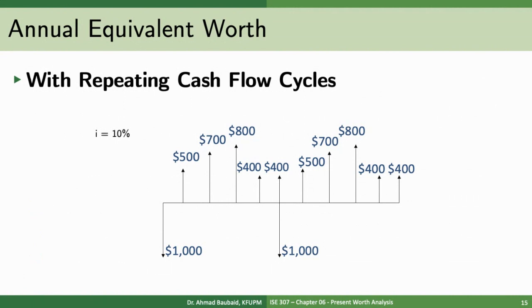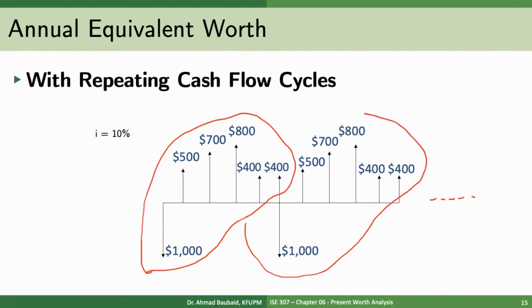And we talked about these repeating cash flow cycles. One of the nice applications of AE, and why it's so useful, is that if you have an infinite planning horizon, where you can repeat the project with identically the same cash flow, you guys see here, this cash flow is exactly the same as this cash flow. We're just repeating it. The AE of the entire thing, all the way to infinity, I'm going to write as AE infinity to denote the AE of the entire thing.